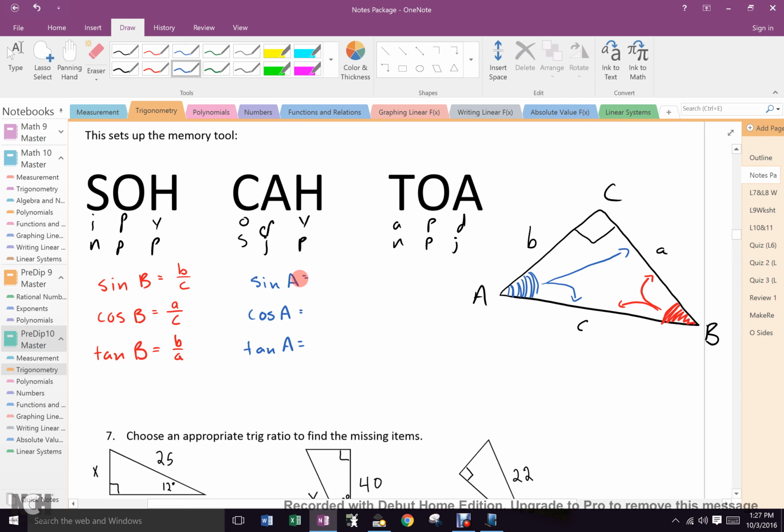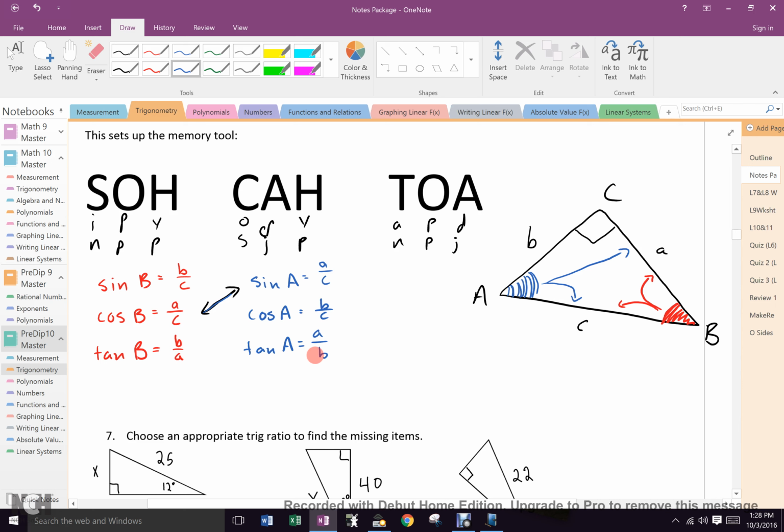So the sine of A becomes A over C. Notice what has happened. The cos of one of the acute angles is the same as the sine of the other acute angle. Cos of A is B over C, and tan of A is A over B.